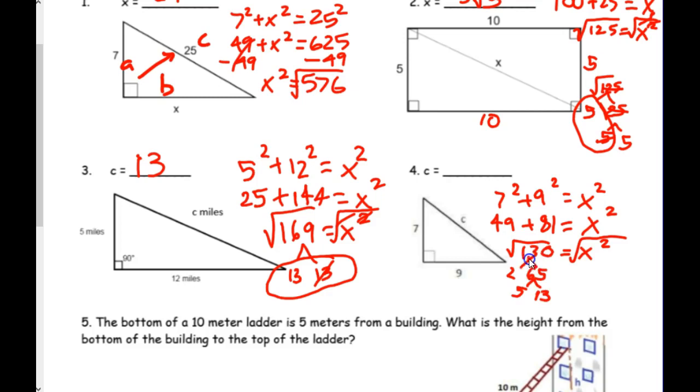So again, 2 times 65 is 130, 5 times 13 is 65. I have no pairs. I need to rewrite this as the square root of 130. Okay? Nothing else to do there.